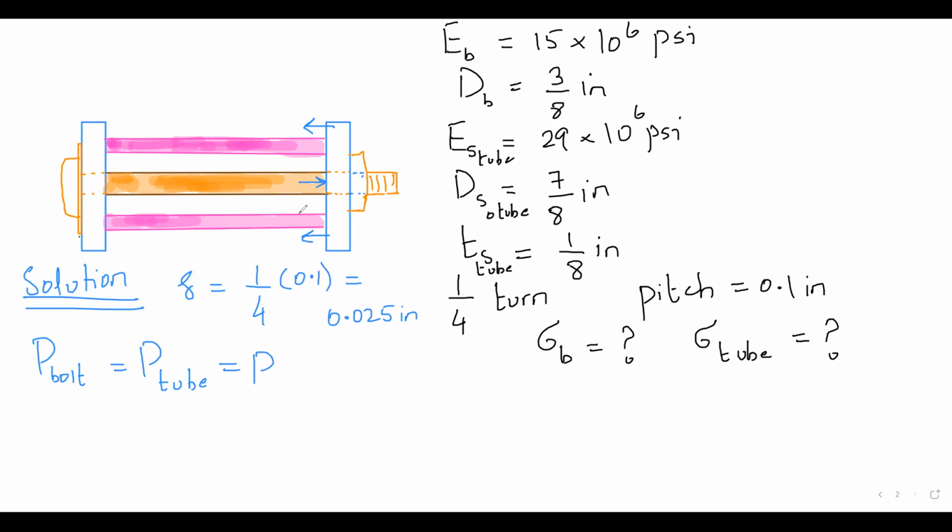Okay. Now on that note, P bolt equal to P tube equal to P, because at the end of the day, the force experienced by them is the same. And yeah, the question is a game over. We have a steel tube, you have to give me the value. Then a brass bolt, you have to give me the value.